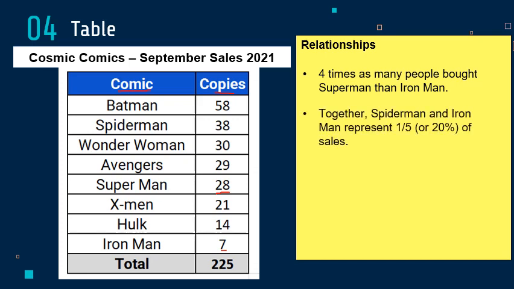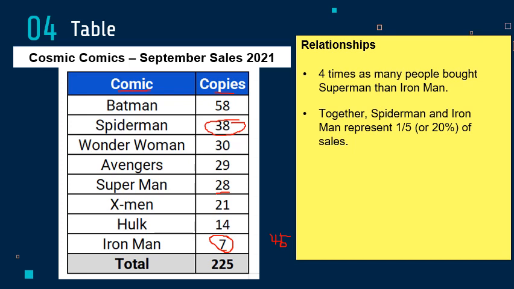Another way I can do things is I can say together, Spider-Man and Iron Man represent 1/5 or 25% of sales. So here I've got Spider-Man, which is 38, and here I've got Iron Man, which is 7. When I combine those two together, I get 45, and 45 times 5 is 225, or 225 divided by 5 is 45.